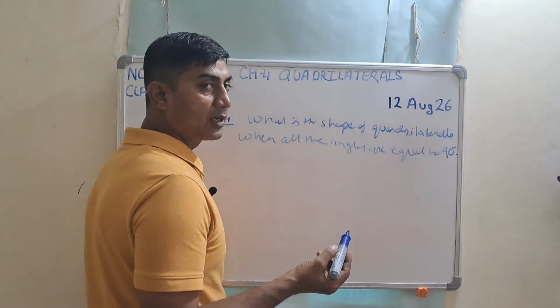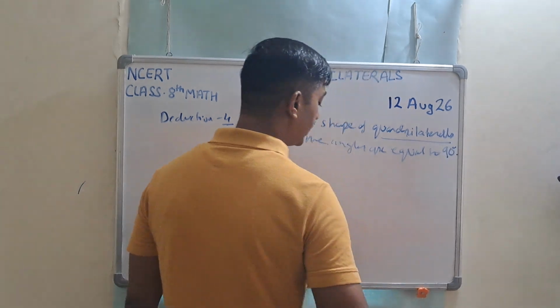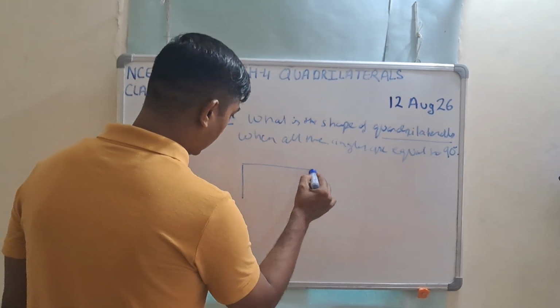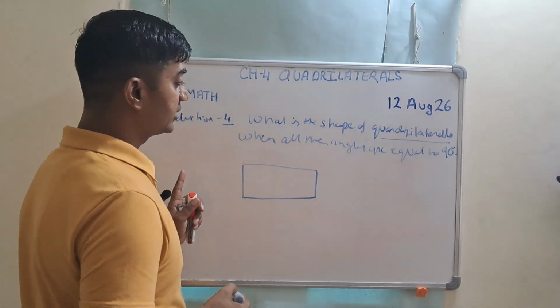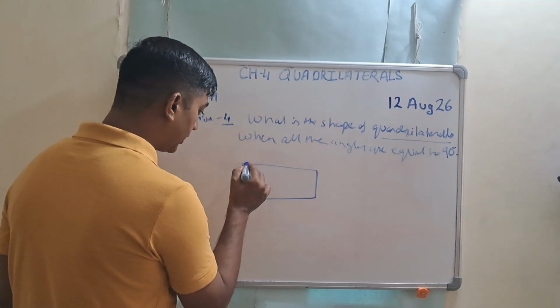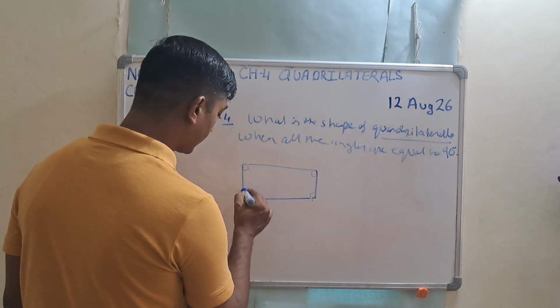Now see, we have been given a figure which is a quadrilateral. I am not talking about a rectangle or square. This is a quadrilateral, and the figure is showing that all the internal angles are 90 degrees.